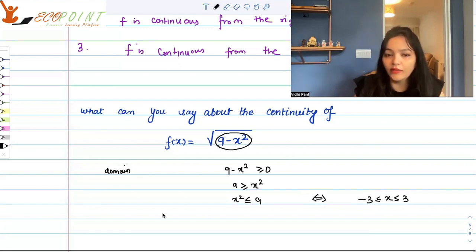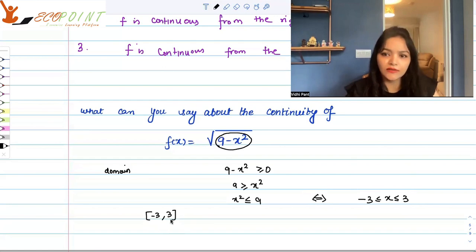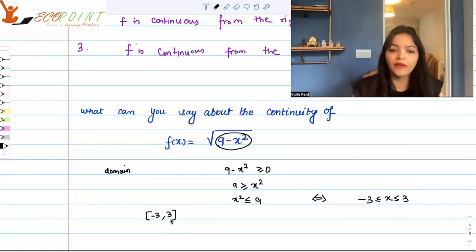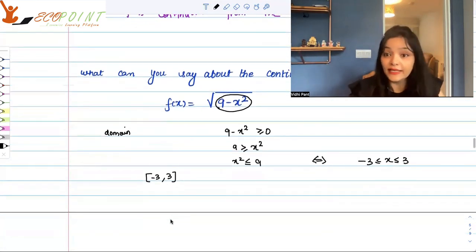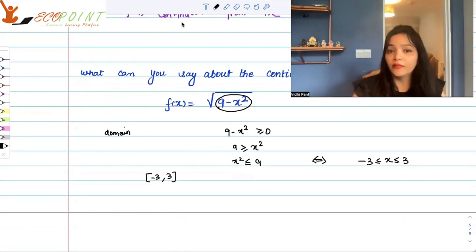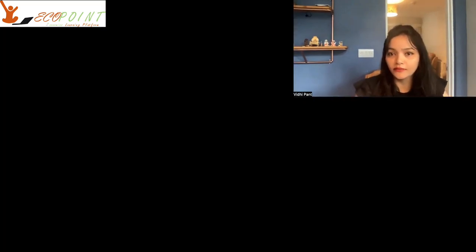So the domain of this function is [-3, 3]. Is this function continuous on this domain? Well, yes, it is. Number one, you can create a graph for this. Number two, you can think about it in terms of limits.